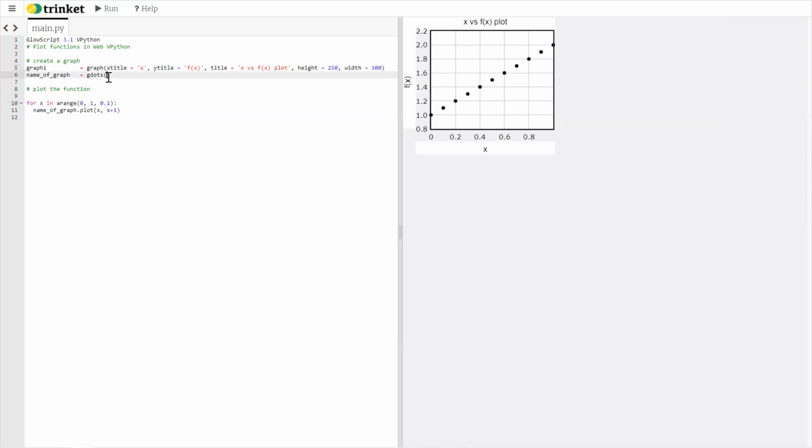And for gdots or gcurve, you can add a color attribute. Then also the label.